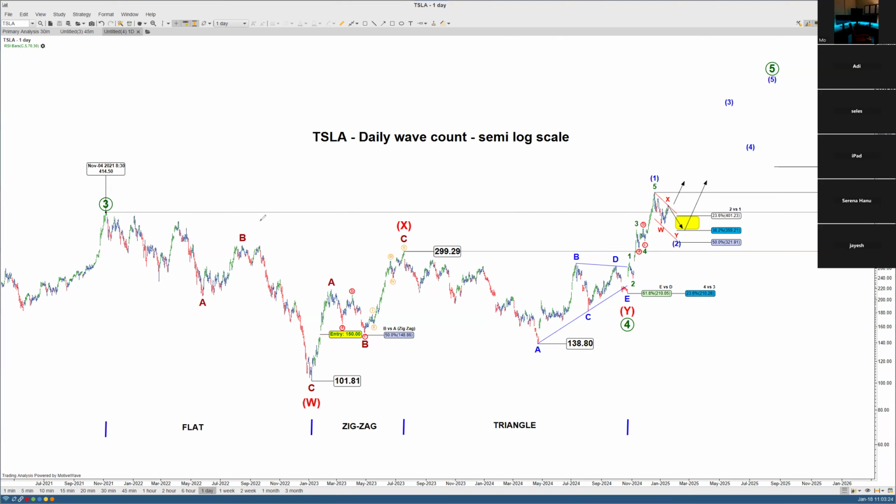you have a stock here that broke above November 4th of 2021. So it came down like this. Tesla didn't really do anything for like 3 years, right? It whipsawed back and forth, stayed range bound, this and that, right? It's a long time, 3 years.